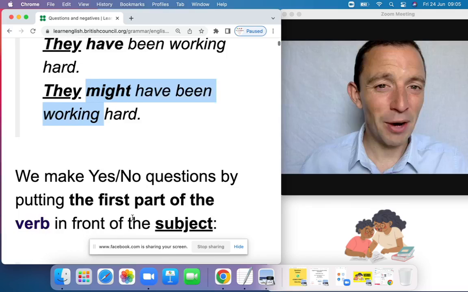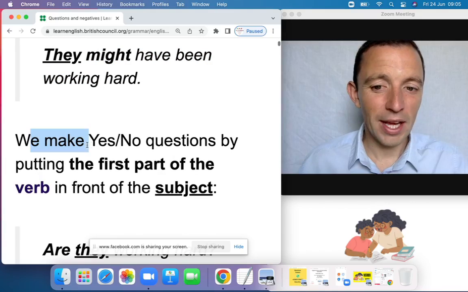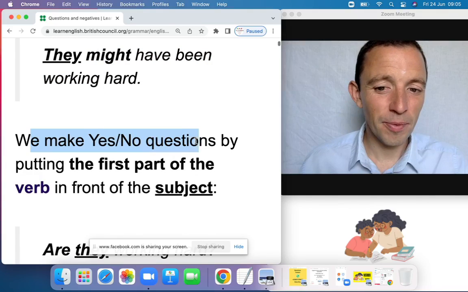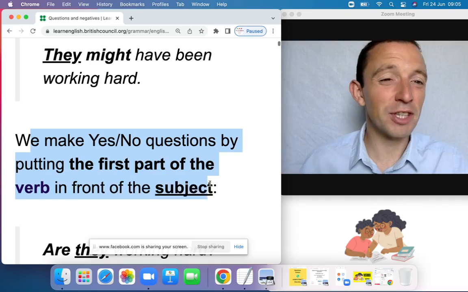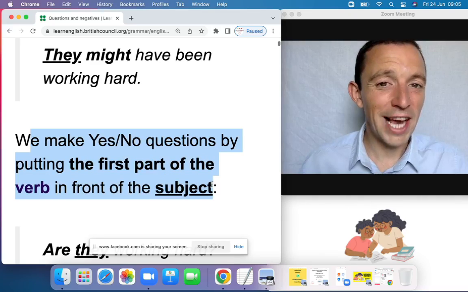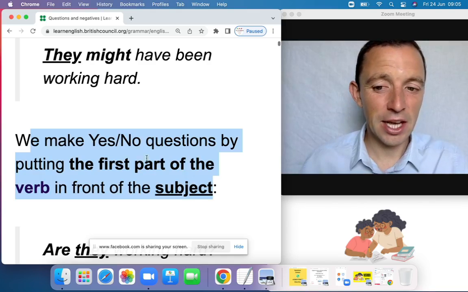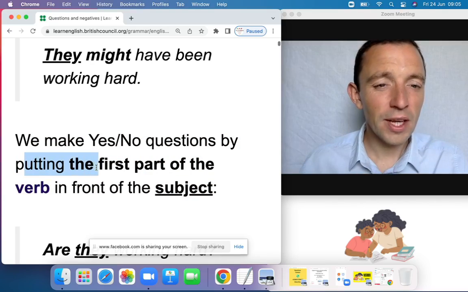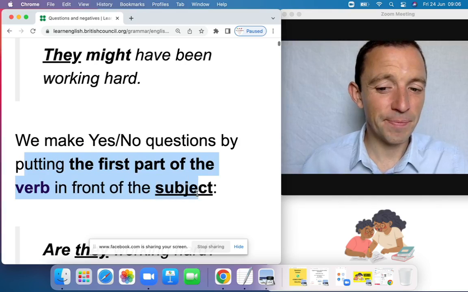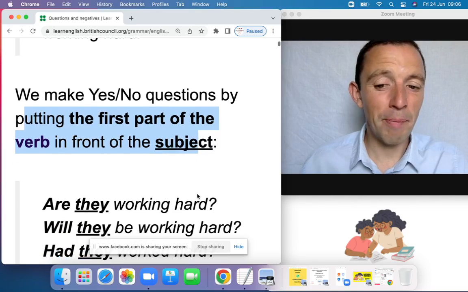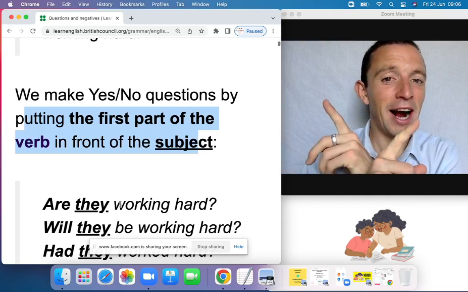Now we make yes/no questions by putting the first part of the verb in front of the subject. So to create the yes/no question from this sentence, we put the first part of the verb in front of the subject. You remember, they are working hard was the affirmative.